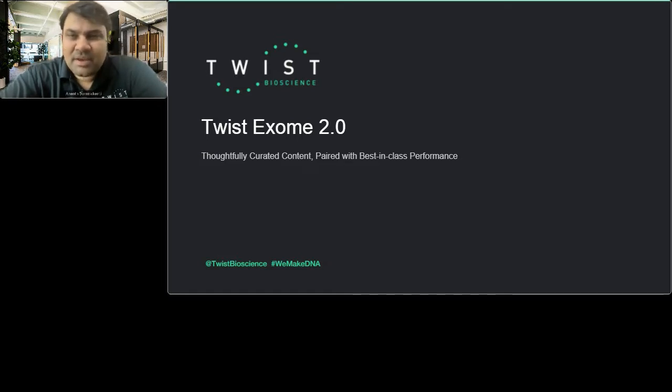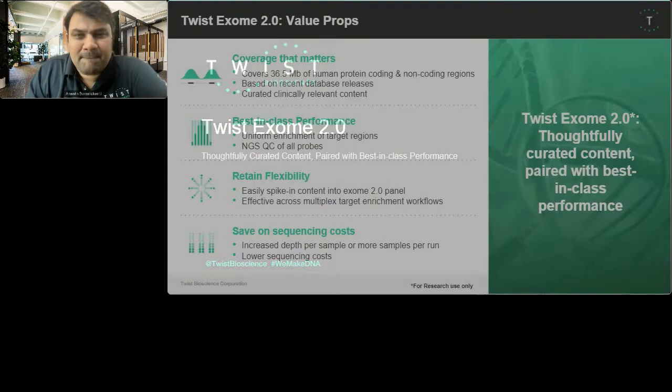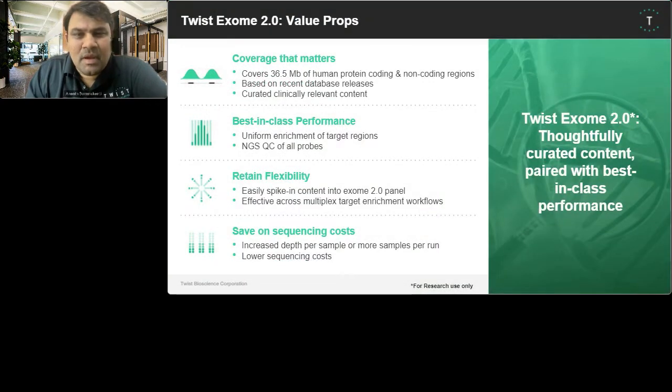Today, I'm really excited to talk about our newest flagship product, Twist Exome 2.0, a gold standard in exome sequencing. So in brief, the value props for the Twist Exome 2.0 is it is one of the thoughtfully curated exomes.